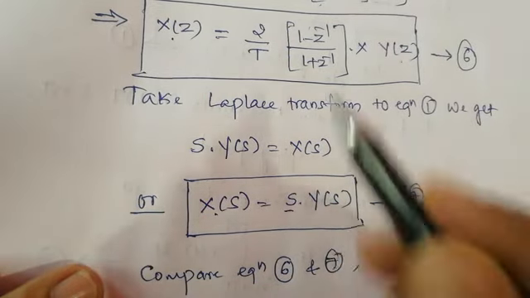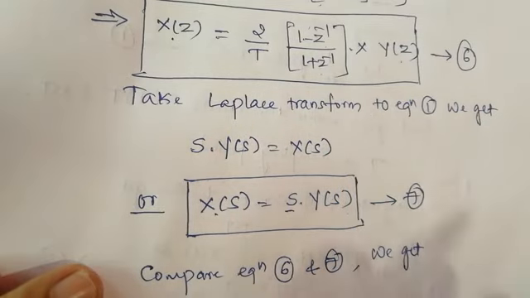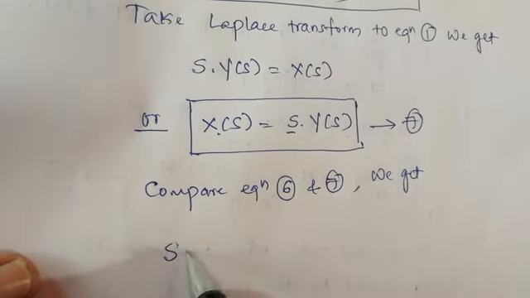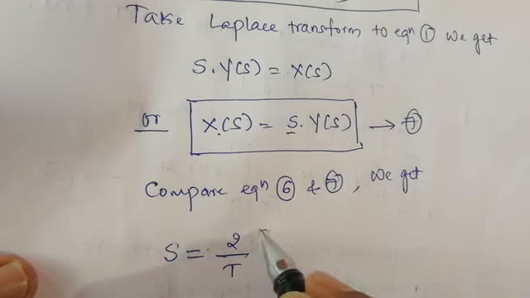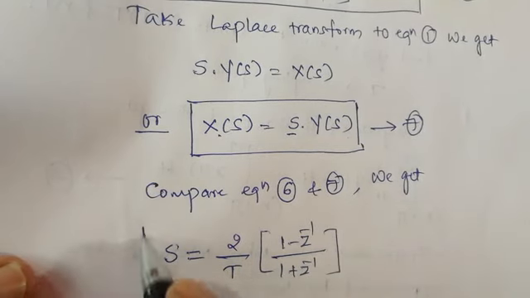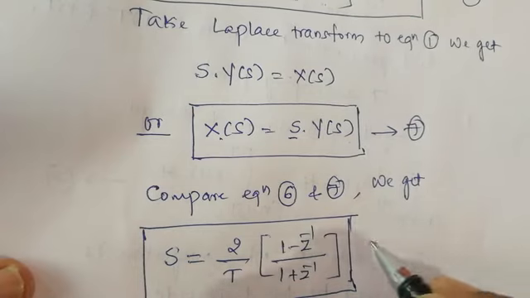Hence in place of s, what is there? 2 by T into 1 minus z raised to minus 1 divided by 1 plus z raised to minus 1. So after comparison we can write s equal to 2 by T into 1 minus z raised to minus 1 divided by 1 plus z raised to minus 1. Let us represent this as equation 8.